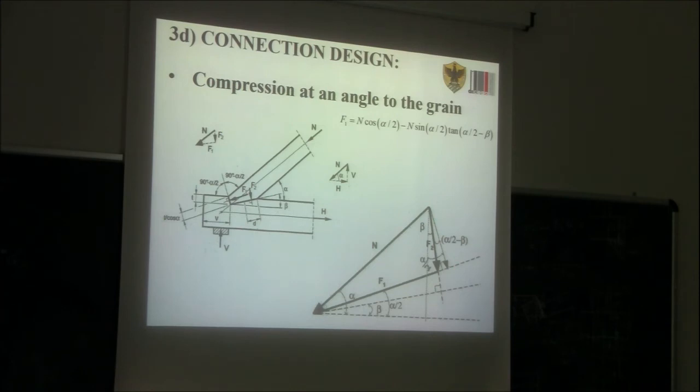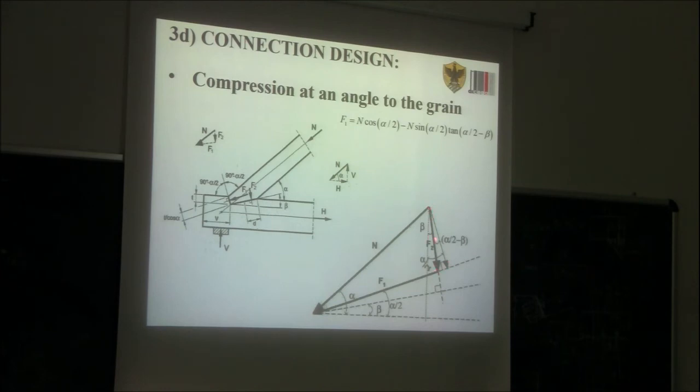So this is F1. Then we need to calculate F2 for the verification of this surface here. So F2 can be calculated by dividing this, again, this is a rectangular triangle.